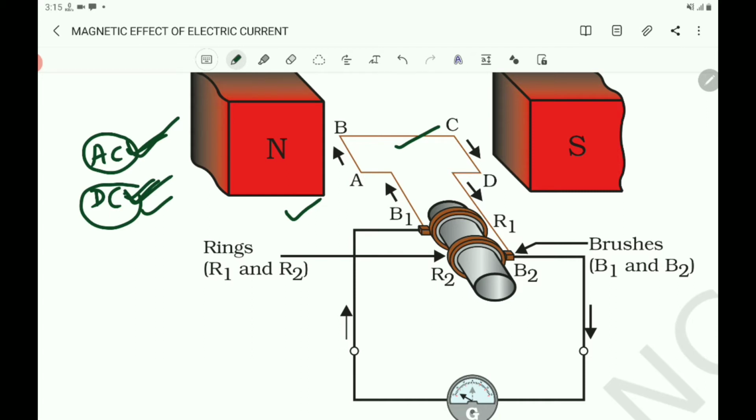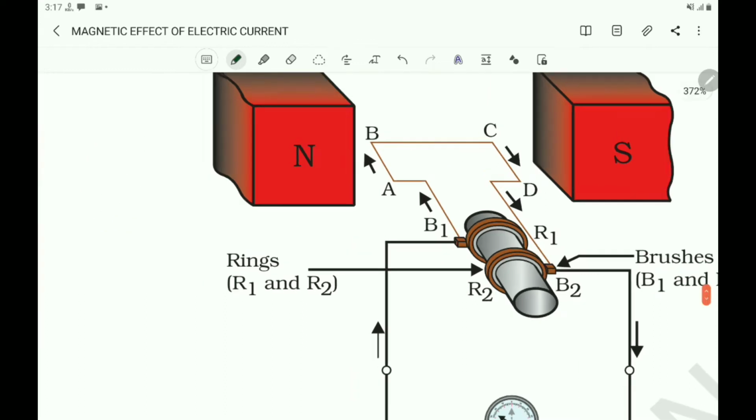Mainly there are two types of generators, AC generators and DC generators. The dynamo in which alternating current is produced is the AC dynamo, and the dynamo which produces direct current is the DC dynamo. Now let us discuss the construction and working of the AC dynamo.